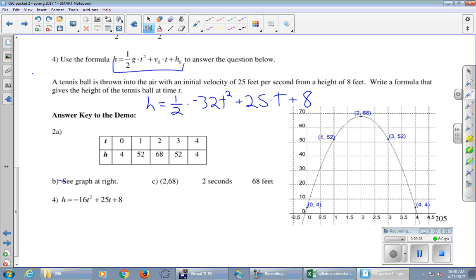Plus 8. That's it. That's the formula. There's only one thing we can do to clean this up a tiny bit. Half of negative 32, again, becomes the negative 16 we saw for that baseball problem. Questions on creating the formula?